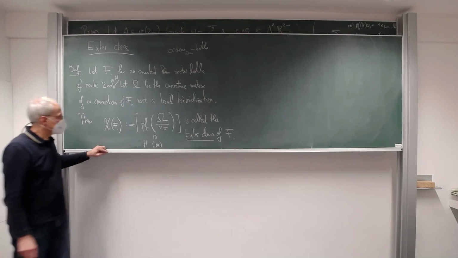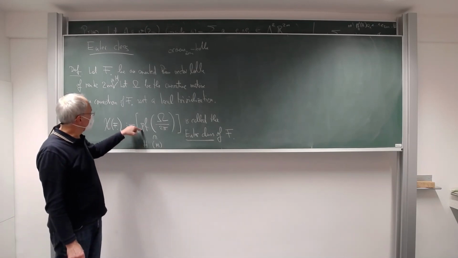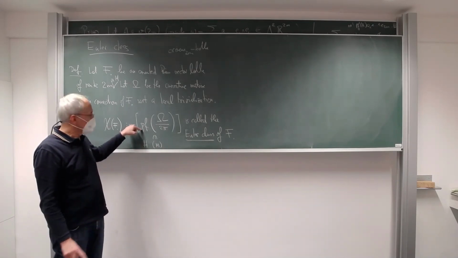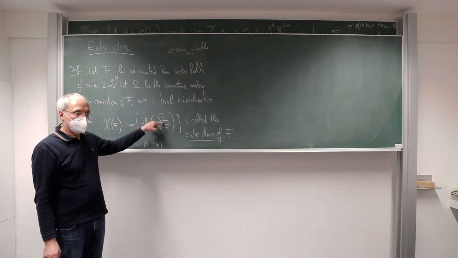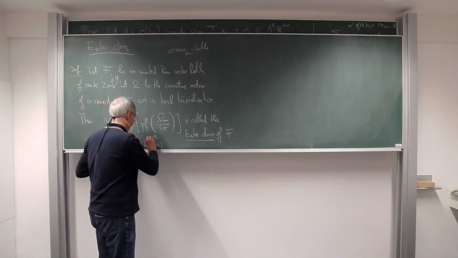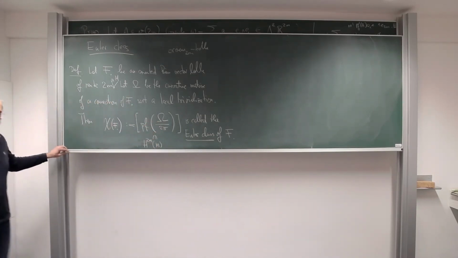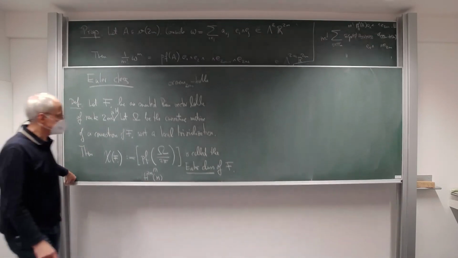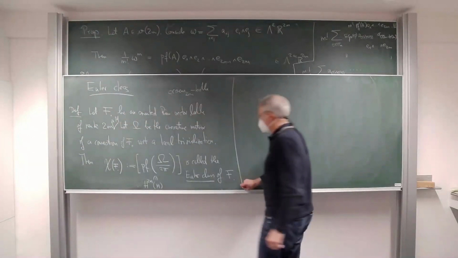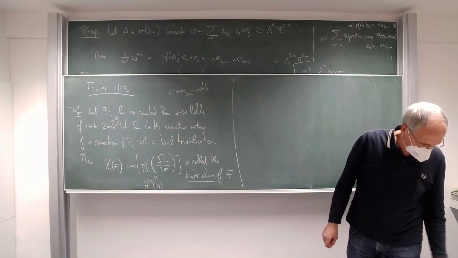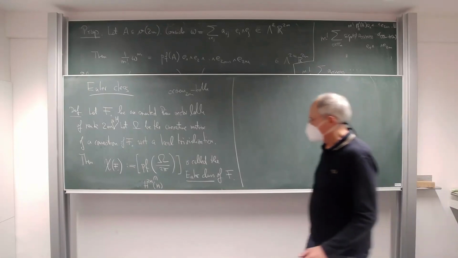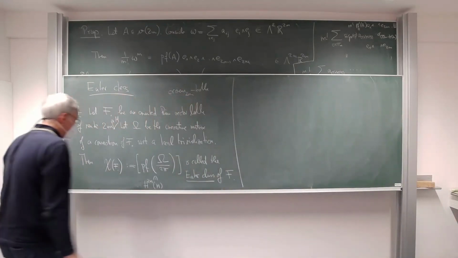It's 2n. The Pfaffian is a polynomial of degree n, but the curvature has degree 2, which is why it's 2n. Okay, good. So that's the definition of the Euler class.